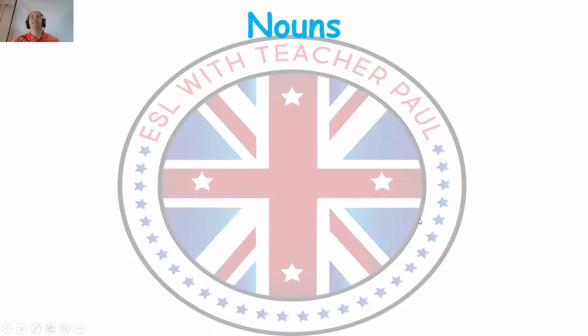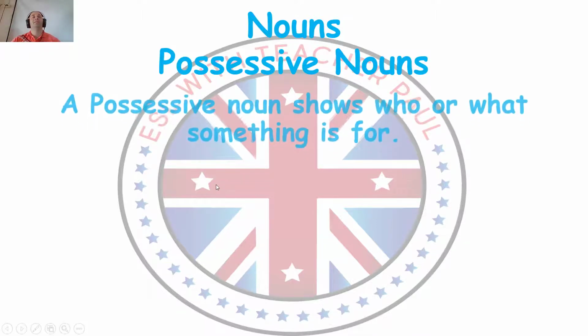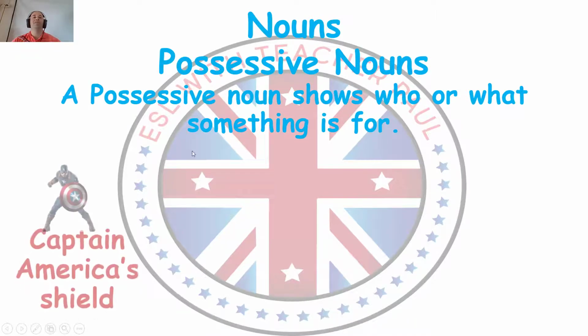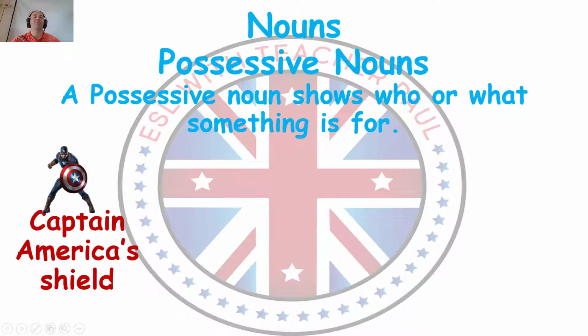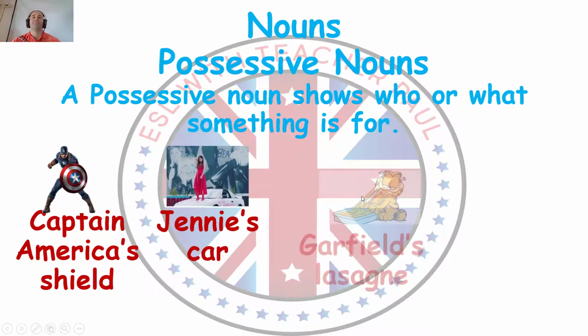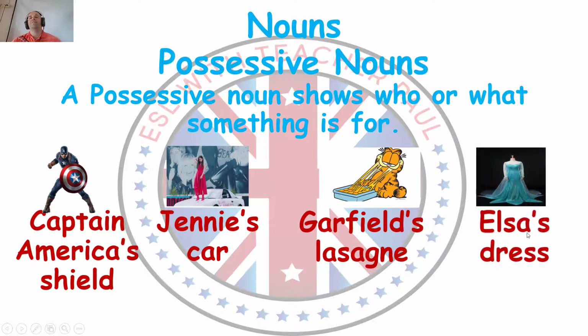Okay, the next one we have are possessive nouns. Now, possessive means like to do with who owns it or who or what something is for. So a possessive noun shows who or what something is for. And very simple, you would have something like Captain America's shield, or Jenny's car, Garfield's lasagna, or Elsa's dress.